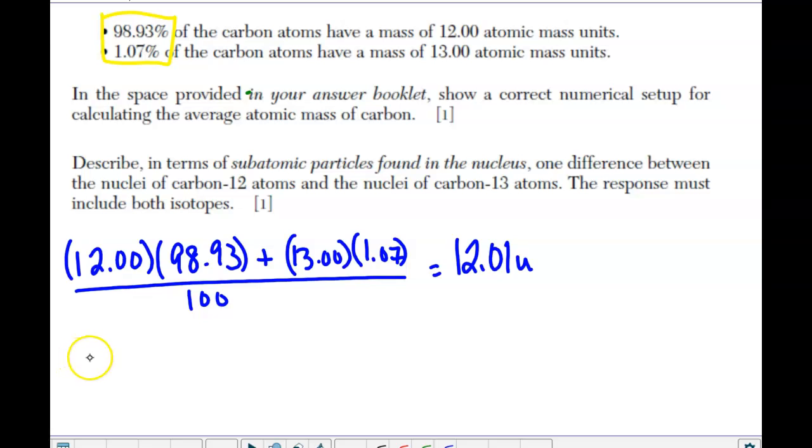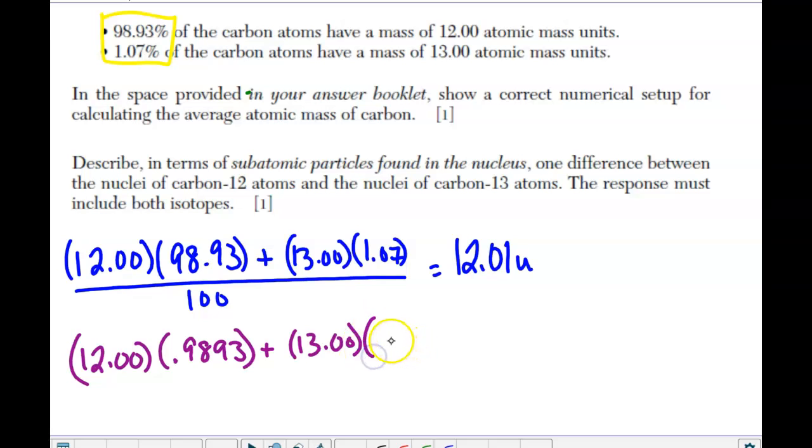I could write it like this: 12.00 times 0.9893, so that's the decimal percent there, plus 13.00 times 0.0107. Now that's the same exact setup. I'm dividing both of these by 100.